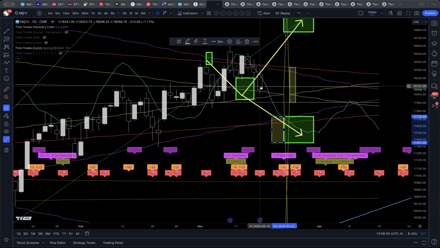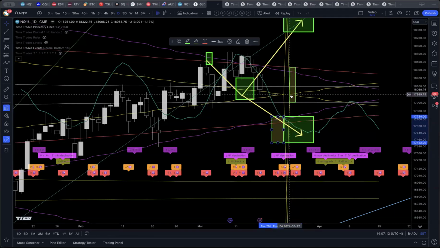I think we're going to see a move down into this area here in the 17,000s. We may find some support in these planetary lines. But then I think we're going to see a replay of last month's move up in combination with this juice spike, this rare quad lineup, not just one, but two quad lineup juice spikes on Wednesday.